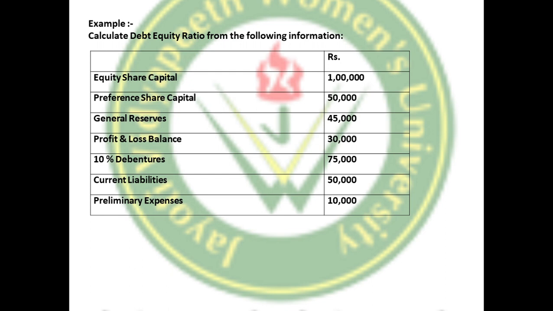The information given is equity share capital is of 1 lakh rupees, preference share capital is of 50,000, general reserves amounts to 45,000, profit and loss balance shows 30,000, 10% debentures amounts to 75,000, current liabilities 50,000 and preliminary expenses 10,000.